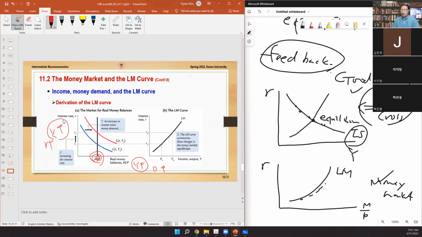So when national income goes up, the money demand shifts outward. This is the market for real money balance, and there is an adjustment of the interest rate. If you follow these two points, we can find the initial equilibrium between R1 and Y1, and then we have Y2, and now we have R2.